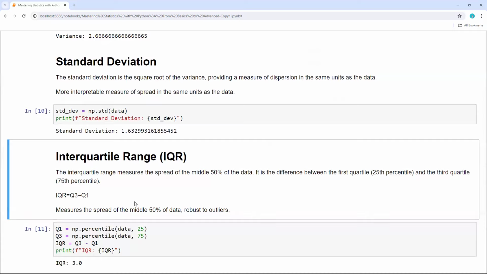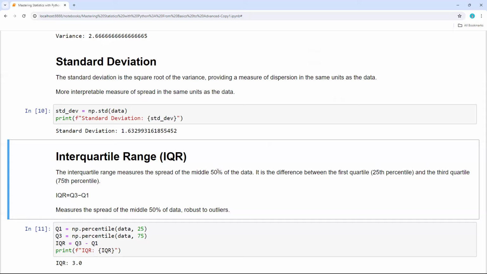At that time the interquartile range is very useful to identify and remove the outliers. So basically it is used to identify the outliers, and then we can remove them, and then we can apply a suitable machine learning model. So the interquartile range measures the spread of the middle 50% of the data.